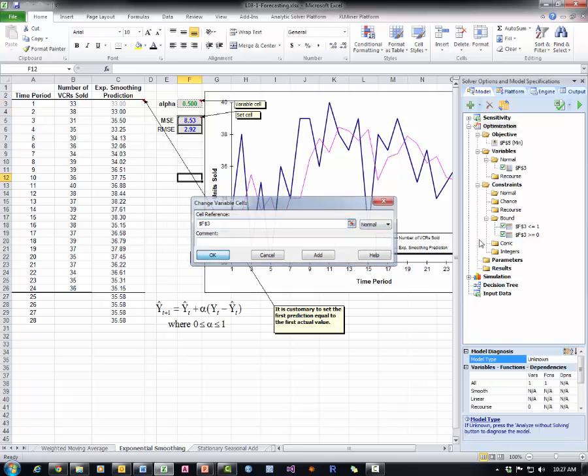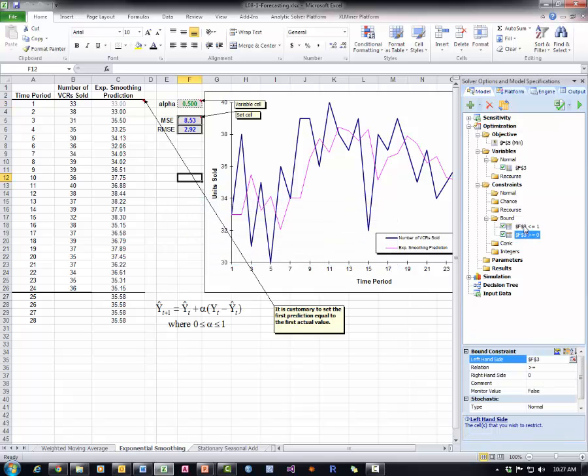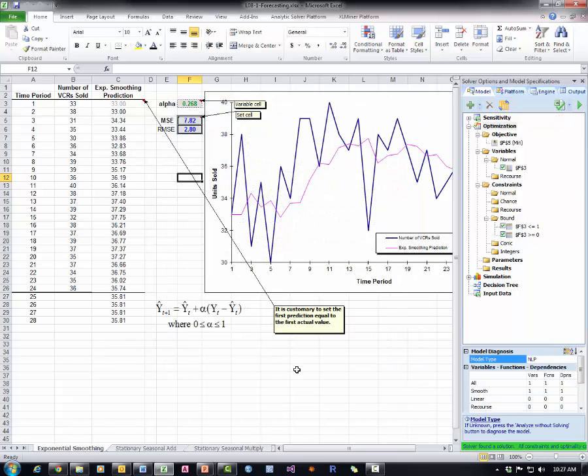That's your decision variable. And alpha is less than or equal to 1 and greater than or equal to 0. You run it. Excel will search for the value which gives you the lowest mean squared error. And in this case, it comes to 0.268. Okay? And you're done with your exponential smoothing.